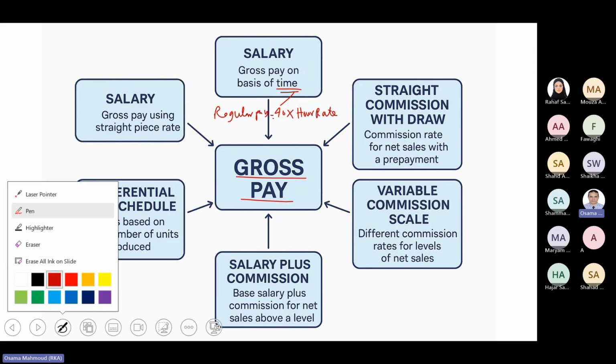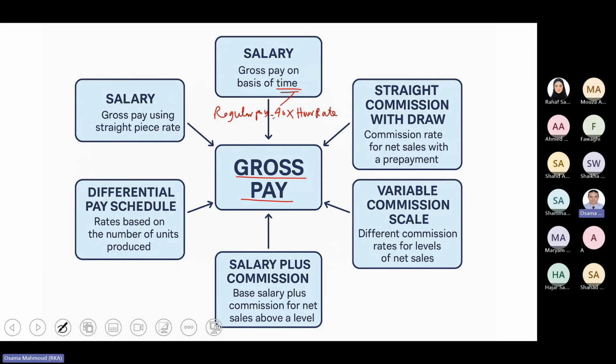But if you work over 40 hours, you calculate your total hours minus 40, because over 40 means you subtract 40 here, and don't forget to multiply by the hour rate. What is the difference between the regular payment and the overtime?